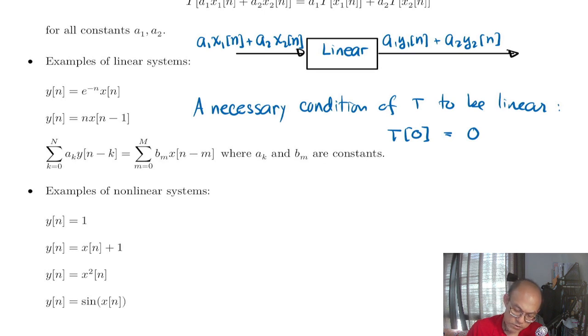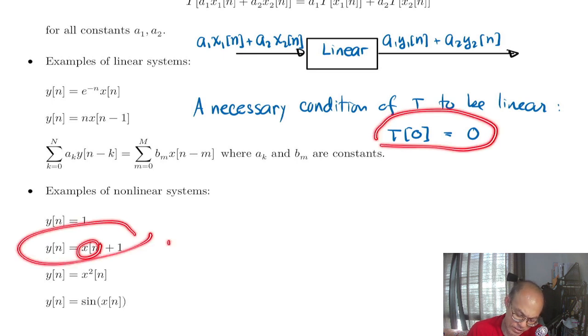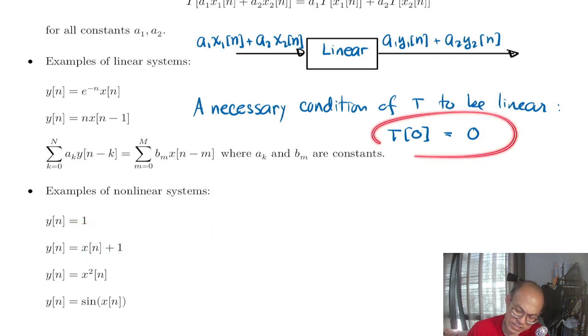Here in this case, whatever the input is, the output is 1, right? So even though the input is 0, the output is still 1, so this one is not linear. Definitely not linear. This one as well. If you apply x equal to 0, you see y equal to 1, but that violates this condition, so this one is not linear.